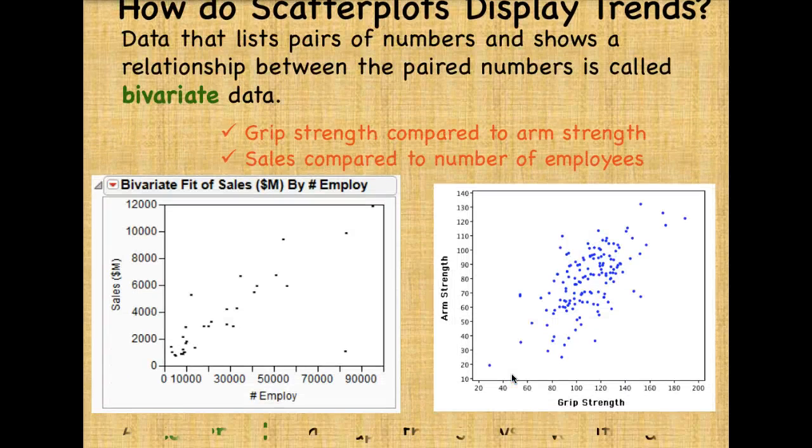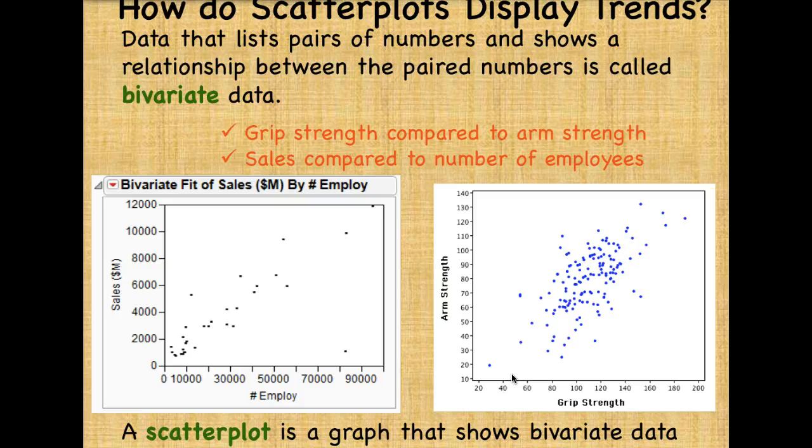We can compare that to bivariate data, which is what we will use for our scatterplots. This is data that lists pairs of numbers and shows a relationship between the two paired numbers. We have a couple of examples here: grip strength compared to arm strength, and sales compared to number of employees. On the right, we have grip strength on the x-axis and arm strength.